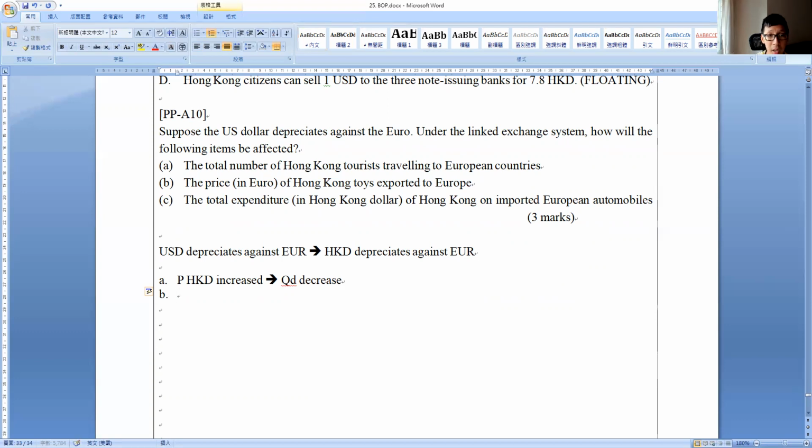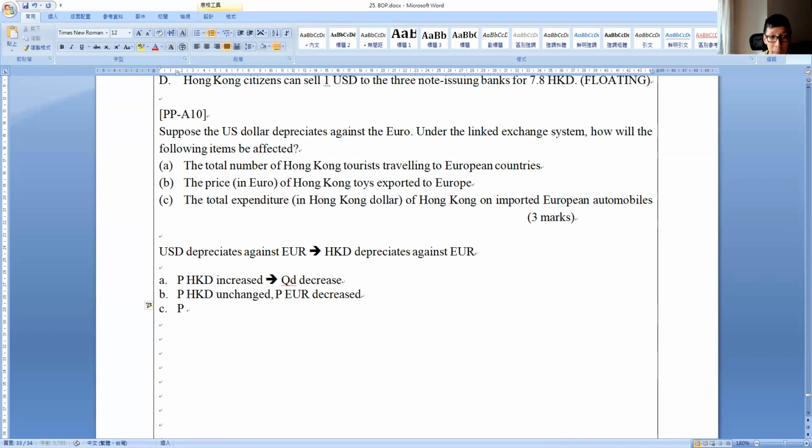Now, what about B? The price of Hong Kong toys exported to Euro, right? Hong Kong toys in terms of Euro, right? Very easy, right? The price in terms of Euro should have decreased. 係嘛？Remember, we are assuming the price in terms of Hong Kong dollar unchanged, right? So price in Euro would have decreased. Now, what about C? The total expenditure of Hong Kong on imported 係嘛 European goods.